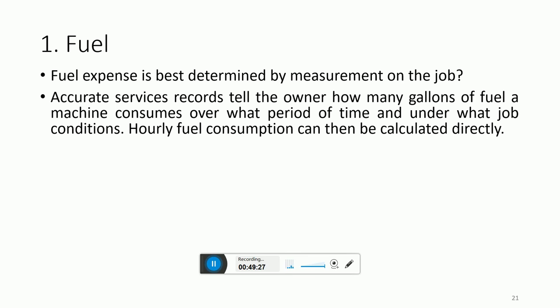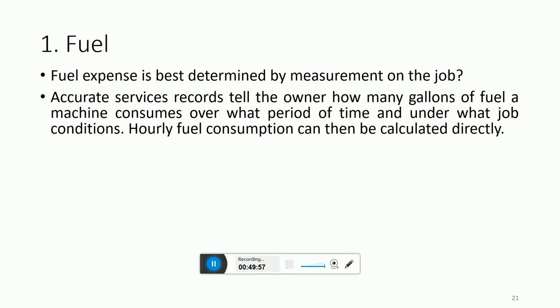For example, an excavator is consuming 5 gallons per hour in the normal condition, when the strata is not that difficult. But in other cases, if there is an unplanned strata or a different job site condition, it can consume more than 4 or 5 gallons.